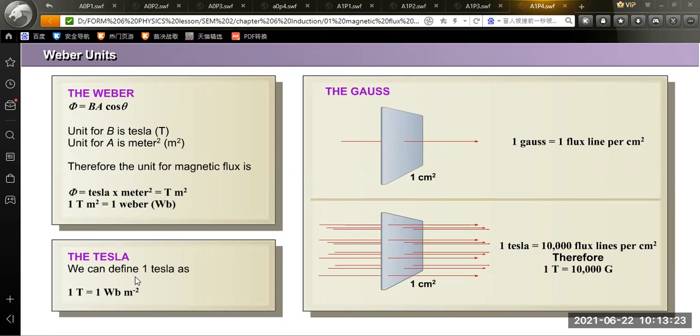Tesla defines how many lines are in 1 cm square.